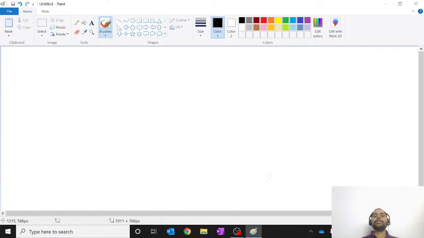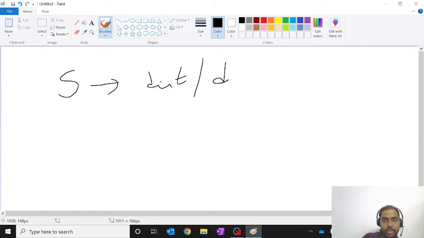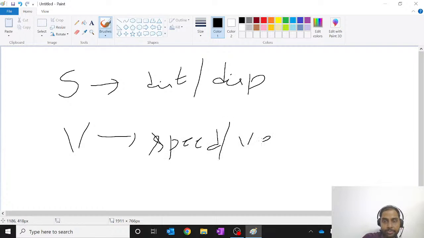Now, briefly to start off with, if you remember in your 8th class, 9th class, and 10th class, you must have definitely dealt with a few parameters, let me write them: S, which represents your distance and displacement; V, which would be your speed and velocity; and the next one would be A, which is acceleration.